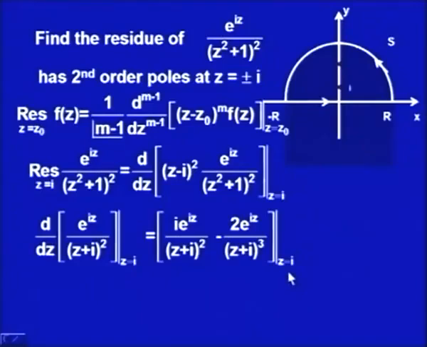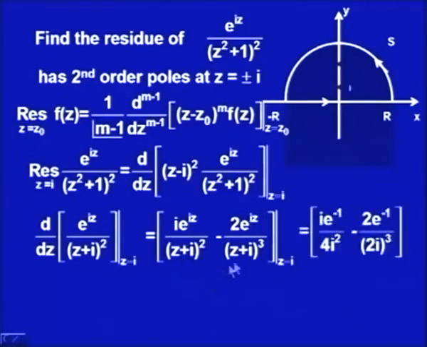So, if I put z is equal to i here, I would get e to the power i into i, that is e to the power i square. So, it is e to the power minus 1, and here I would get i plus i, that is 2i. So, what we have got is i e to the power minus 1 upon (2i) whole square, that is 4 i square, minus 2 e to the power minus 1 upon (2i) whole cube. i square is minus 1.